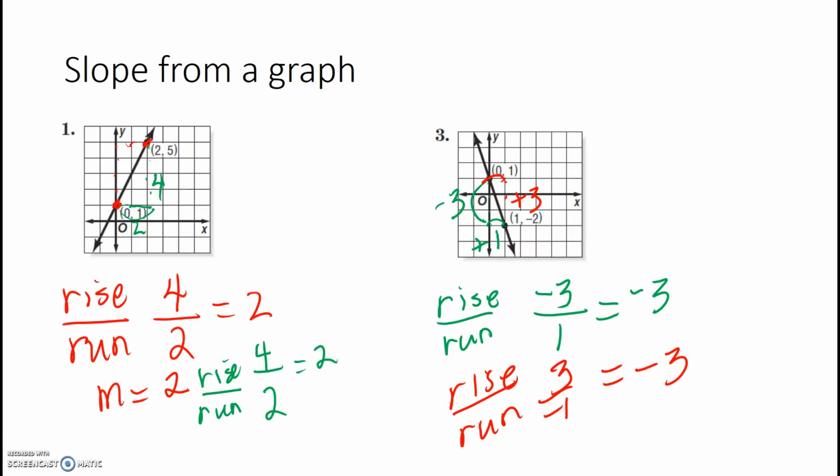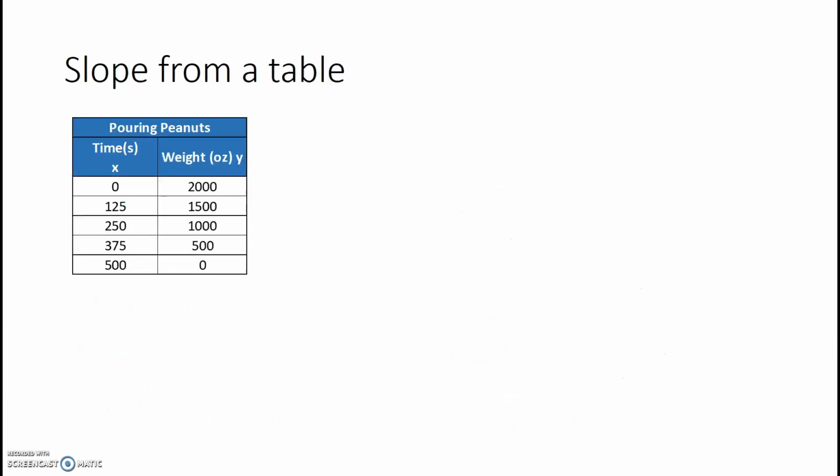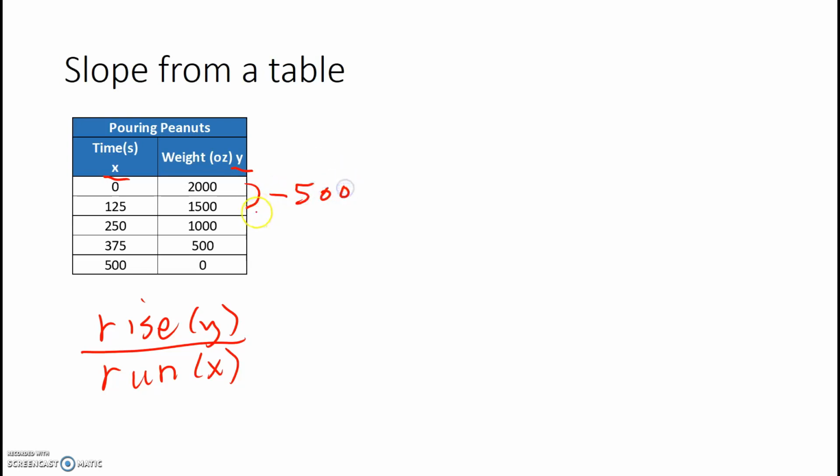Our final example is to find the slope from a table. Remembering that we have our y values and our x values, we're looking at how it rises, so the y values, versus how it runs. Those are my x values. So let's take a look at the table. Here it's rising a negative 500 because it's actually going down.